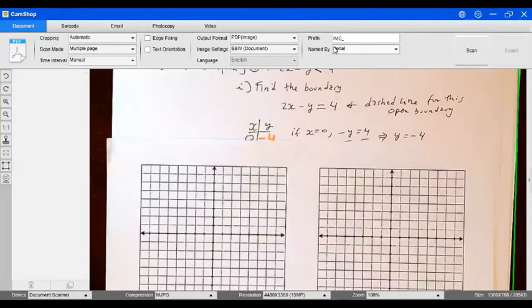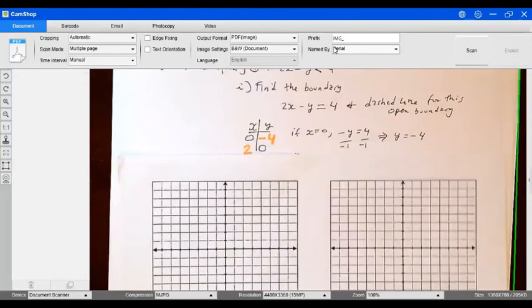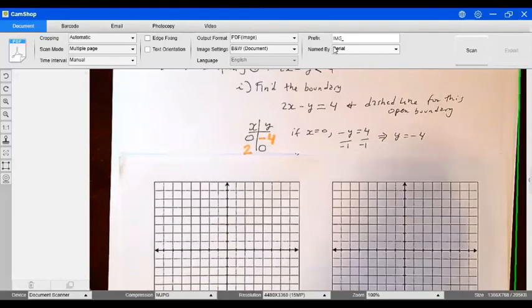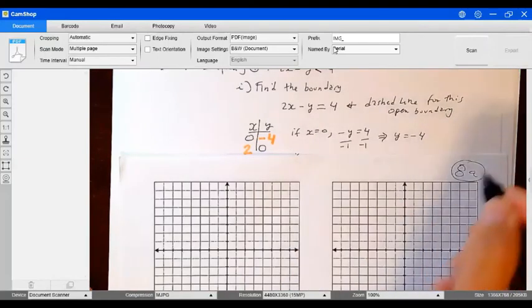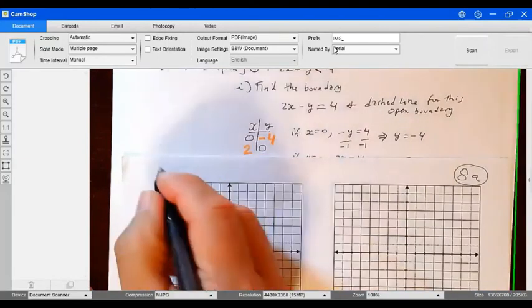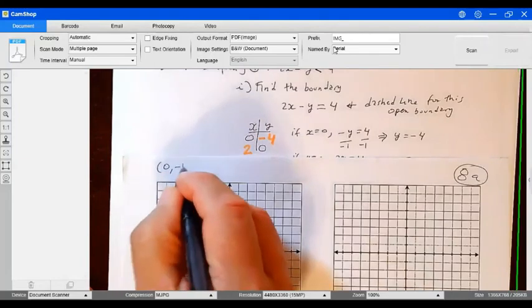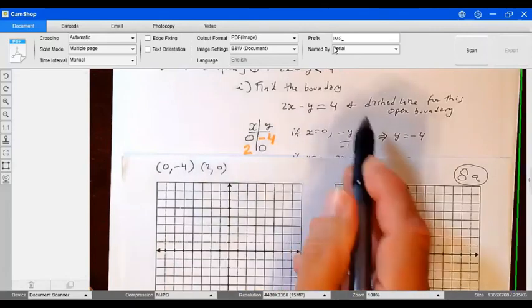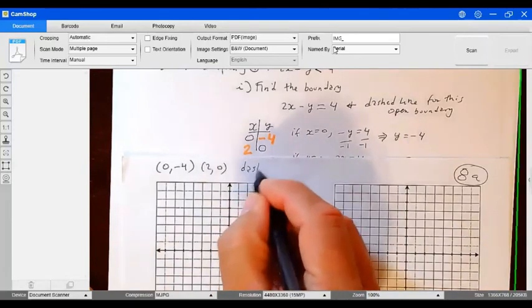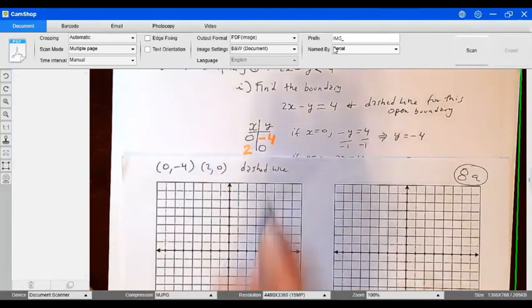So I have, first, I need this information for the boundary. So I have here point 0, -4, and 2, 0, and also a dashed line.